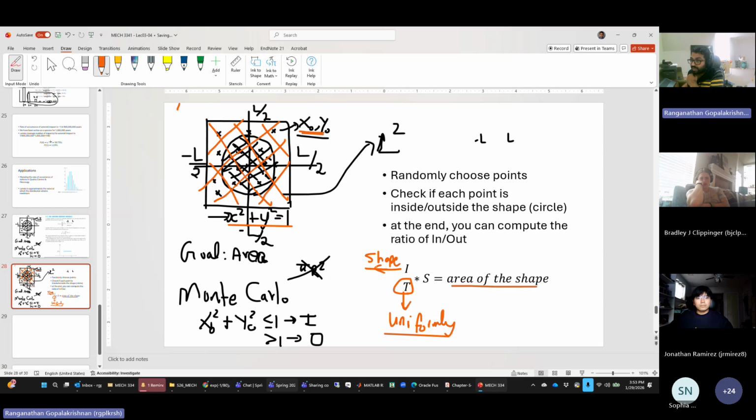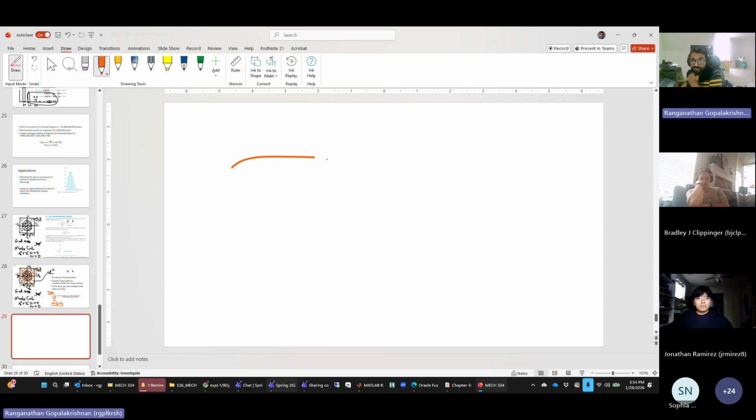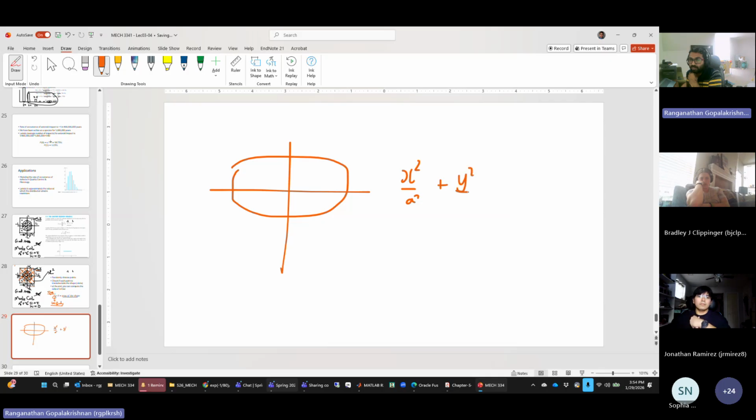It depends on defining what constitutes success or favorable outcome versus unfavorable outcome. And you don't have to even use a circle. You can do an ellipse whose equation is x squared by a squared plus y squared by b squared equal to 1. It can be an ellipse. It can be any geometrical shape.